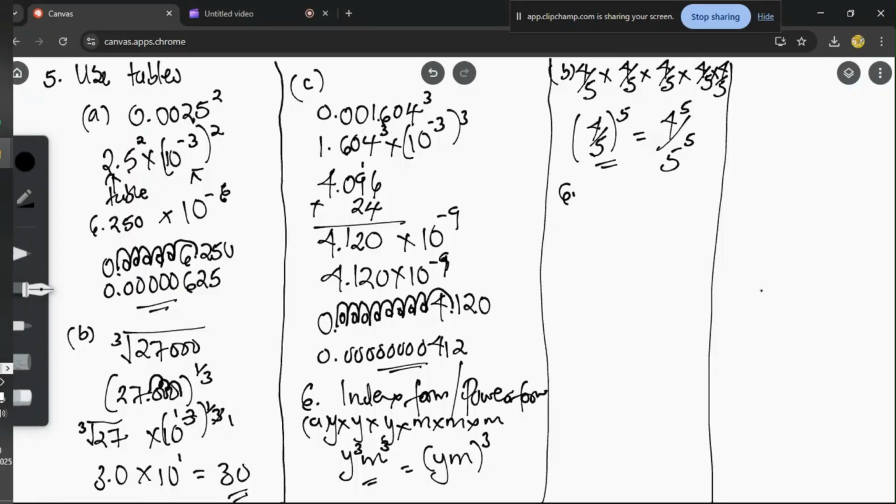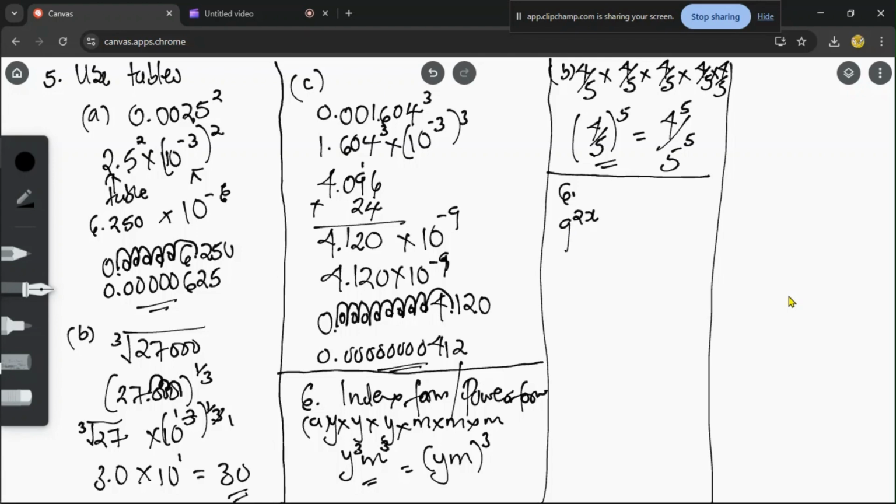So I'll come here and say we have 9 raised to power 2x, I multiply by 3 raised to power x, is equal to 27.